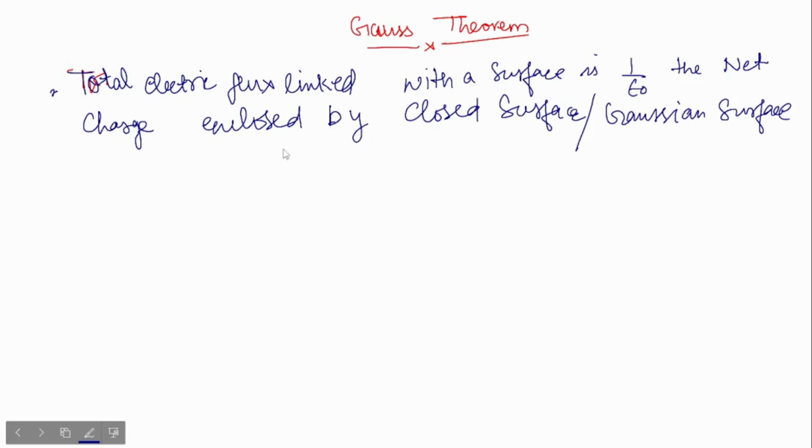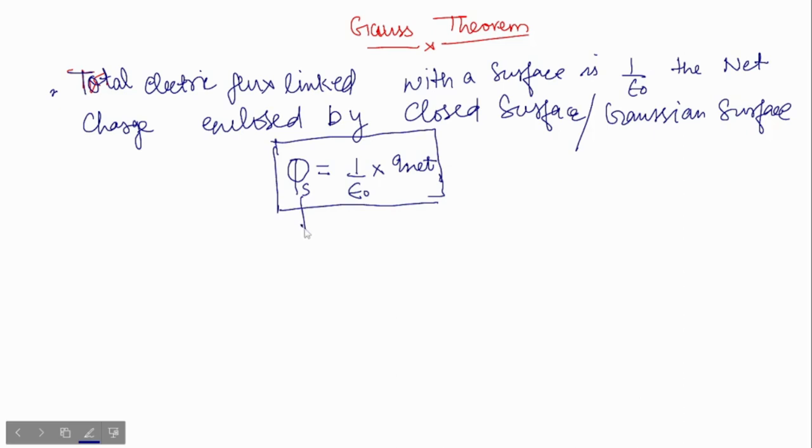In mathematical terms, the total flux linked, let's say phi, through a surface S is 1 by epsilon naught times the net charge enclosed by the closed surface, let's say Q net. This will be your mathematical expression of Gauss law.